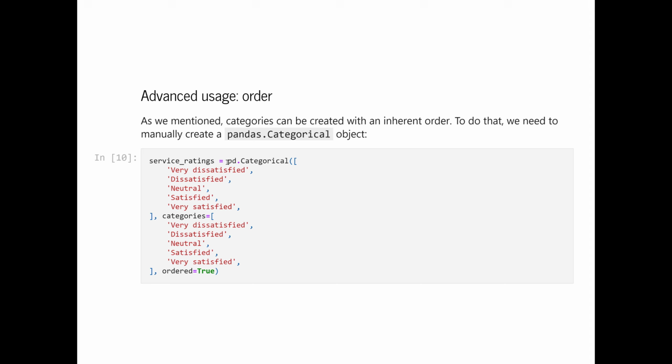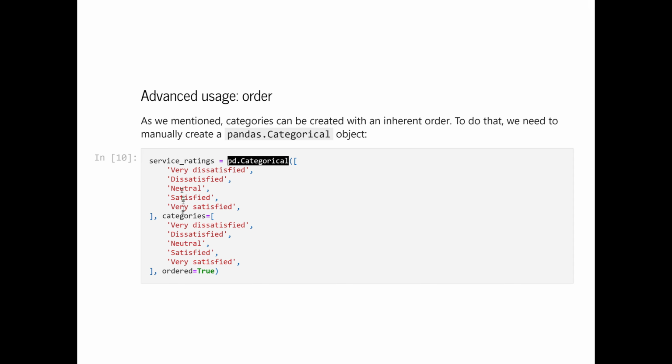Instead of creating a series and specifying its data type as categorical, I can simply create a categorical data type directly. I can give the values for this service ratings object, and I can also specify what the categories are.